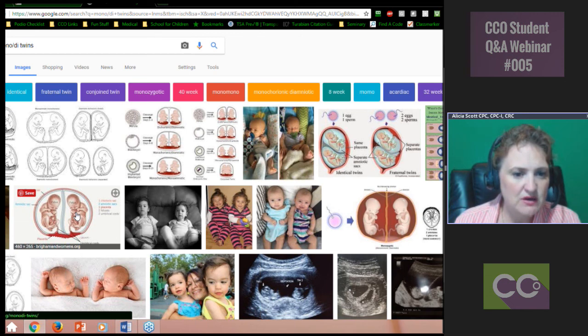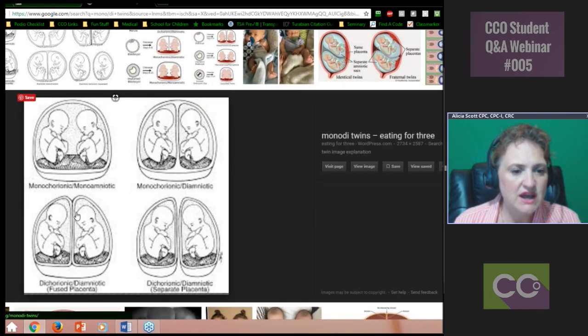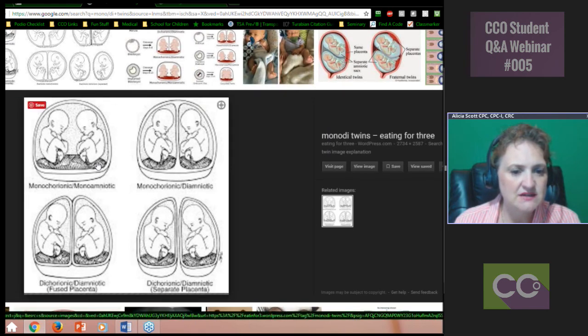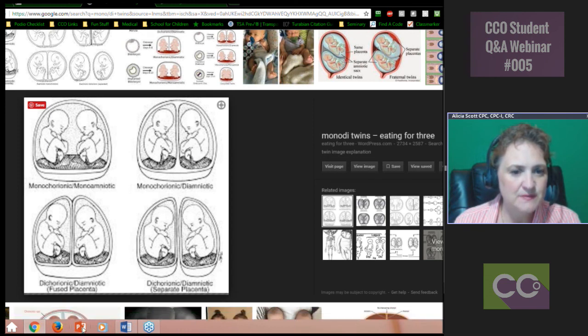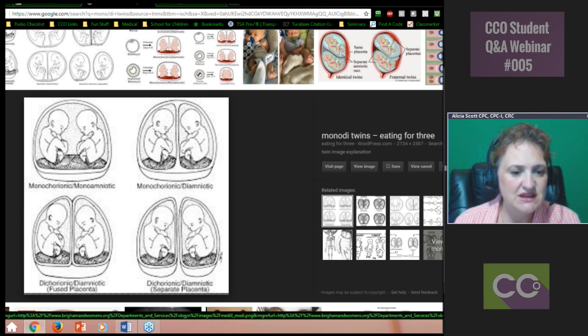So here you have two identical twins in the same sac. Then you have two twins in two separate sacs. One placenta, two placentas.